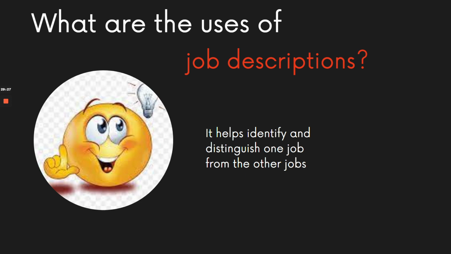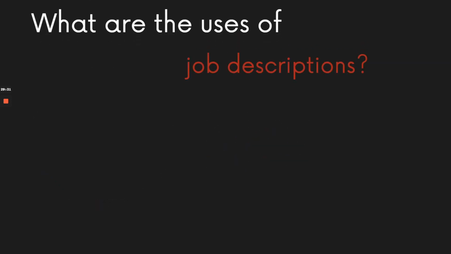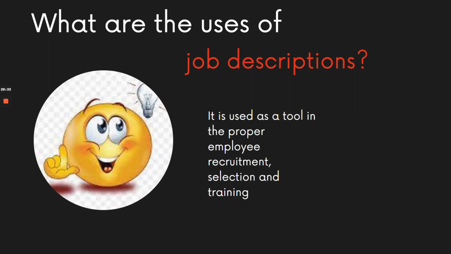Okay, so it helps identify and distinguish. And then it is also used as a tool in the proper employee recruitment, selection, and training. Okay, so that you will be able to choose the right person, dapat right ang description. Para pag nag-interview ka, you will be able to gauge asa siya nababagay.